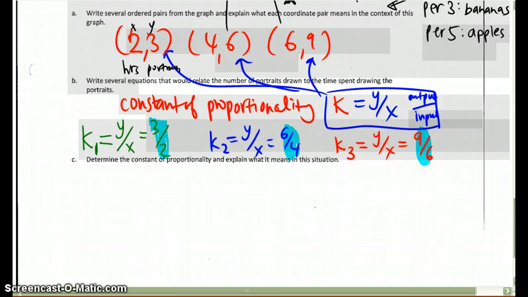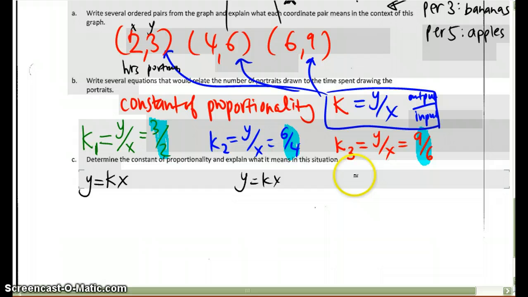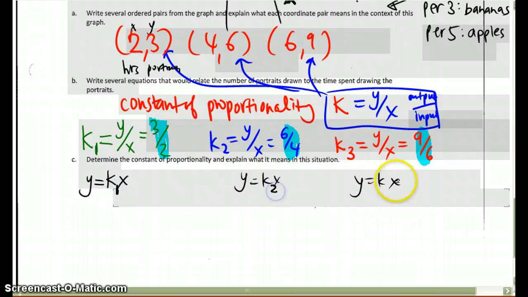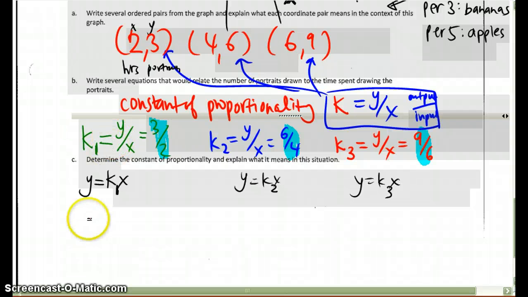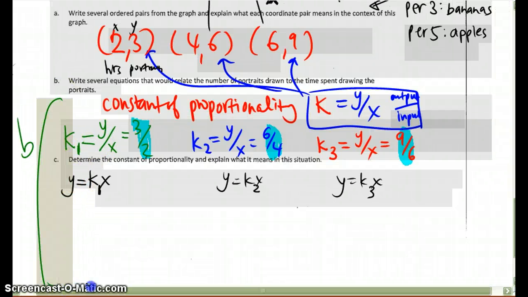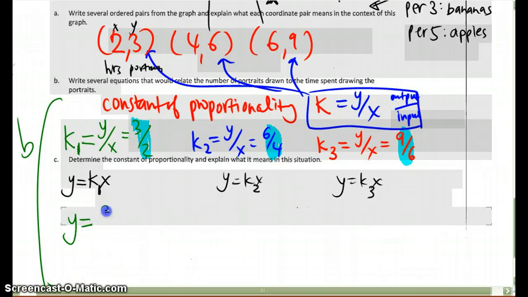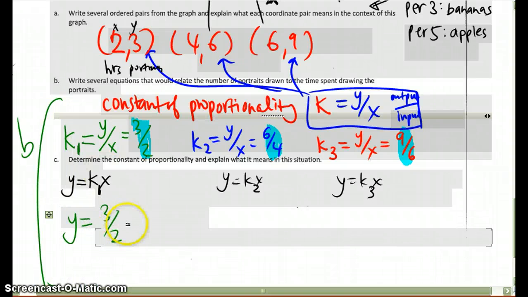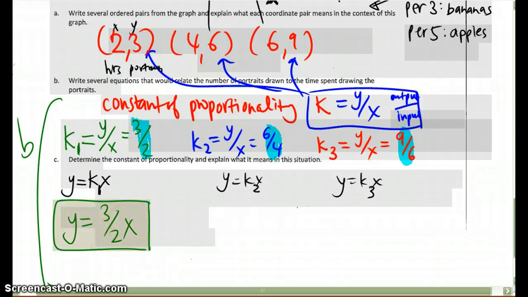We're going to take those K's, let me highlight that, and we're going to write 3 separate equations. Those 3 separate equations are all going to fit in the equation Y equals Kx, Y equals Kx, Y equals Kx. Now there are different K's, so this is the first K, this is the second K, and this is the third K. So our first equation, and I'm still on B, this is all B right here, is going to be Y equals 3 over 2 X. That's our first equation.